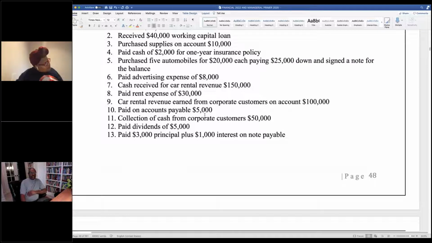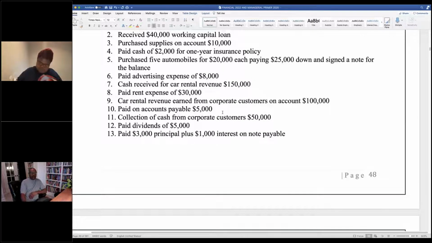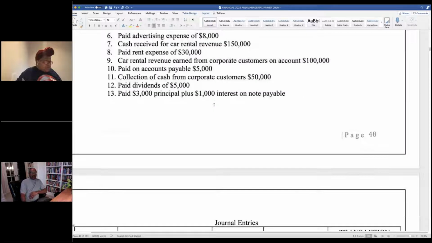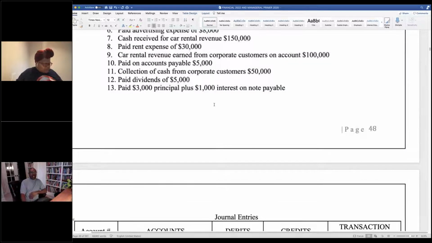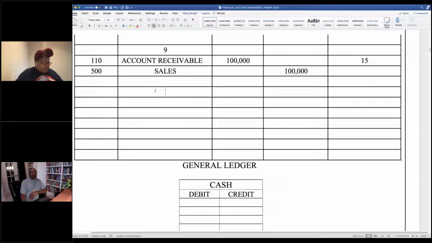And in 10, we paid on notes payable. So this is like you paying on your credit card, or paying on your student loan. So what type of transaction is number 10, paying on your note payable? Payment of a liability, 8. That's going to be a type 8, which is payment of a liability. So what are we going to debit? The liability paid, which is what?